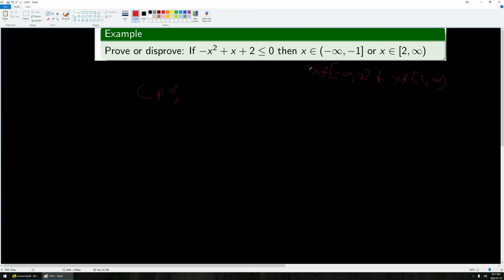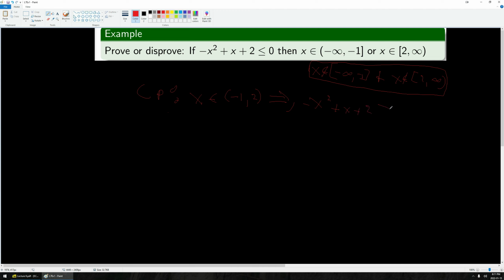So from here, since x is a real number, we know immediately that the negation would be x is in this complementary set here. Okay, so if x is in this set, then we need to show that this inequality does not hold. So the negation of that inequality would be this thing here.